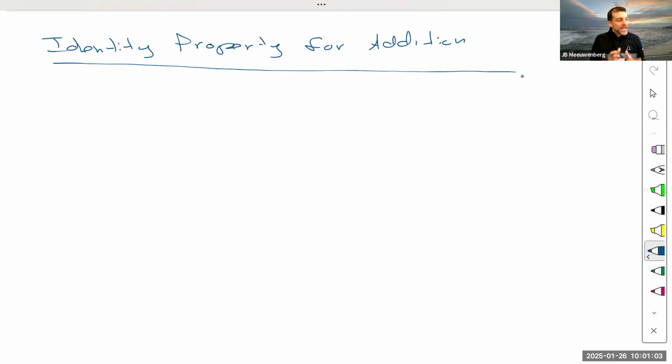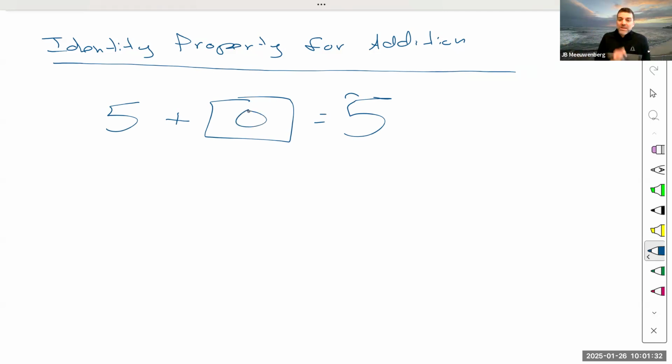And so if we think about these properties, and you think about identities for addition, is there some number that you can add to any other number that doesn't change its identity? If I take some number, let's just say 5, it's a whole number. Is there something I can add to it where it doesn't change the number? It still gives me 5. 0, right? 5 plus 0 is equal to 5.